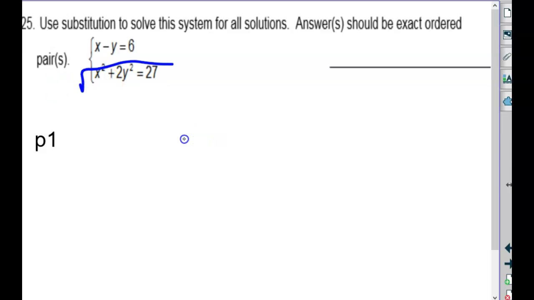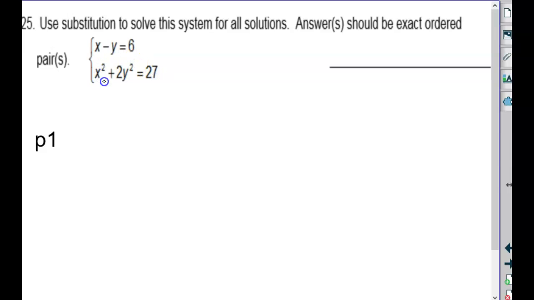Can you take the square root and get x plus 2y equals...? No. Don't do something crazy like that. Can you square the top one? Can you get x squared plus y squared equals 36? No. Not happening.